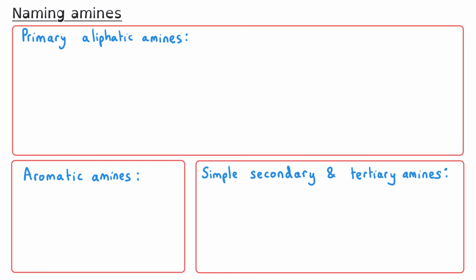The naming of amines can get quite complicated, so the process is usually slightly streamlined for A-level chemistry. For simple primary aliphatic amines, the name comes directly from the alkyl group attached to the nitrogen, followed by the word amine. So, for example, if the nitrogen is attached to a one carbon chain, that's a methyl group, the molecule would be called methylamine.